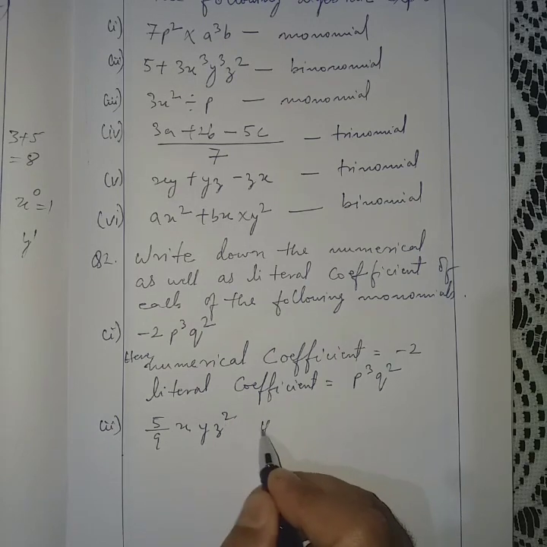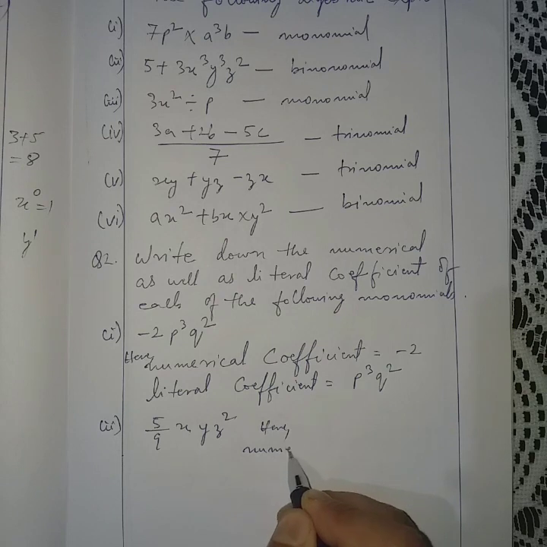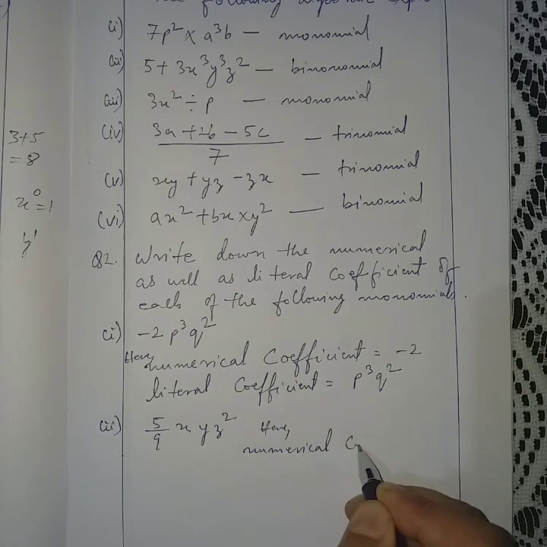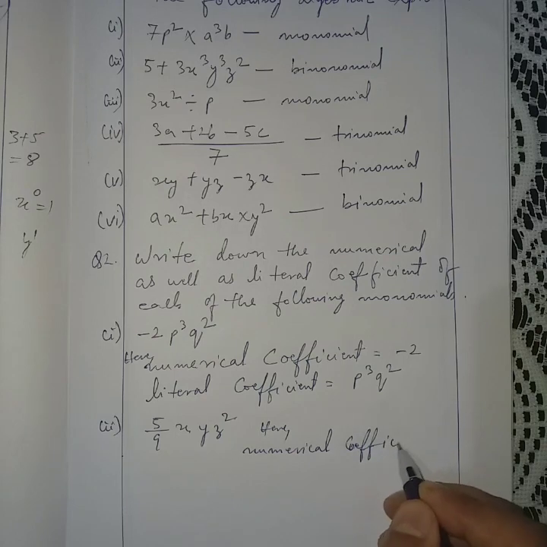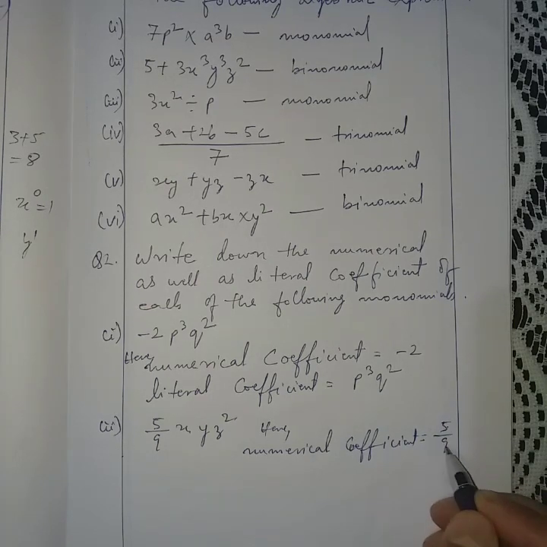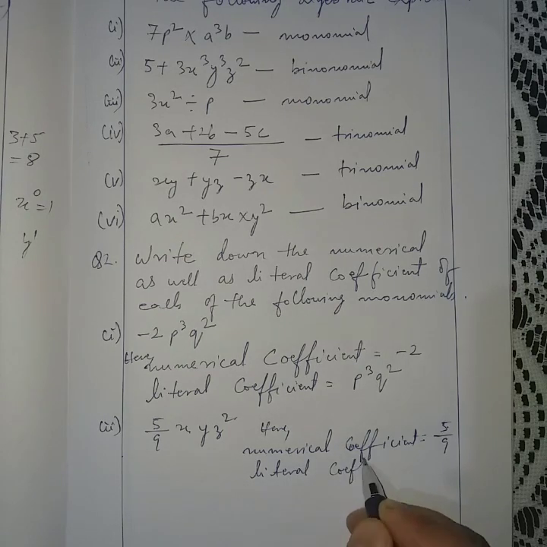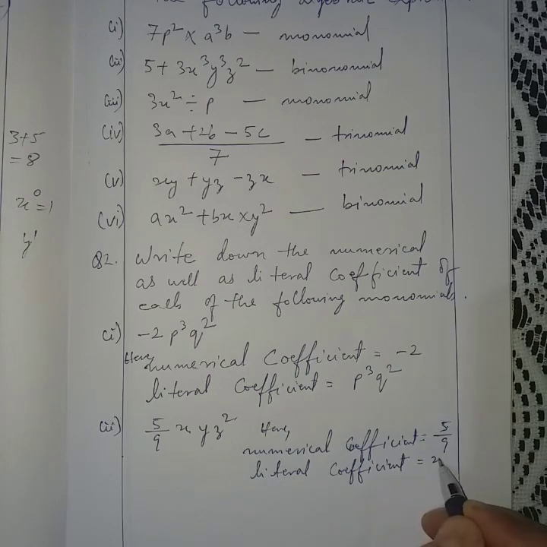So here numerical coefficient is equal to, this is not minus, 5 by 9 only. So literal coefficient is equal to xyz square.